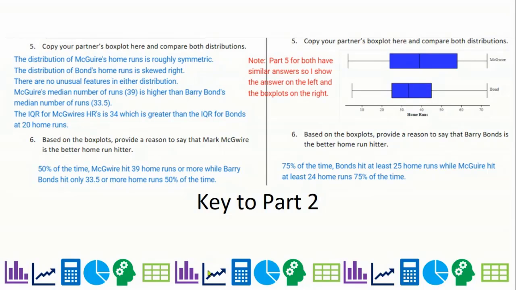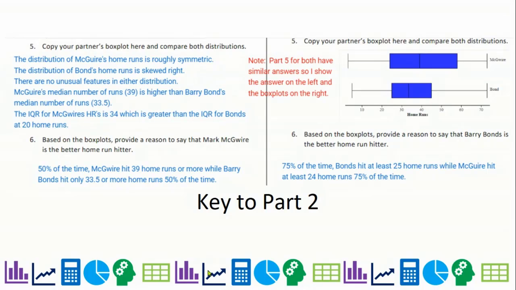I could have also used Q3. At least 25% of his home runs are around 58, whereas for Bonds, it's down in the 40s, around 45. So there's not a specific thing you have to compare. You just have to pick one why the top box plot is better.